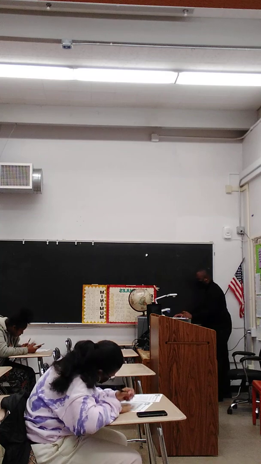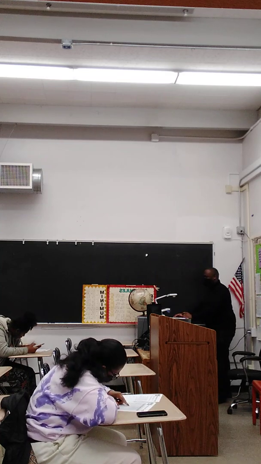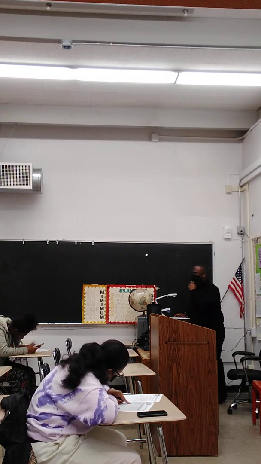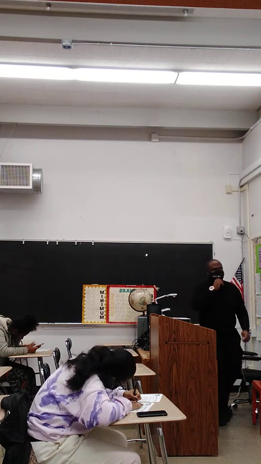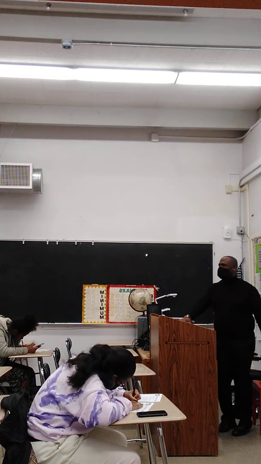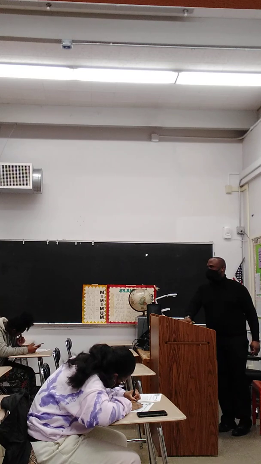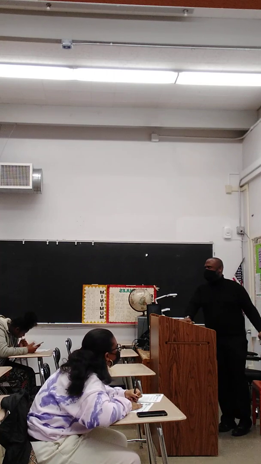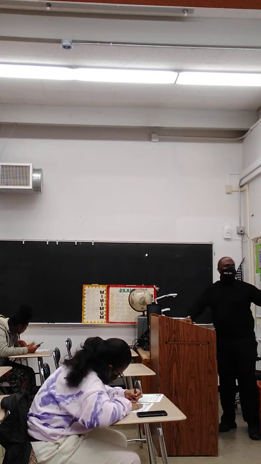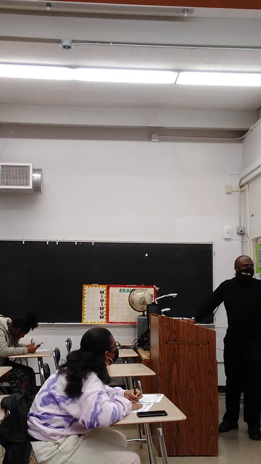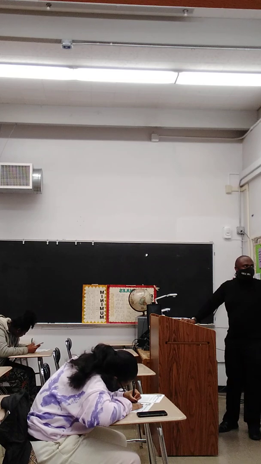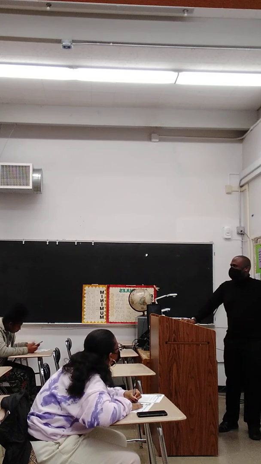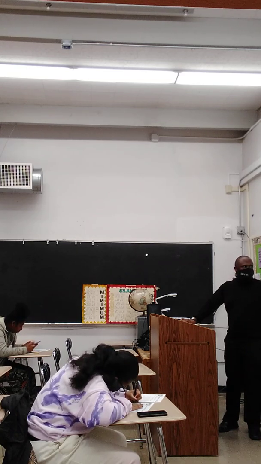Mr. Sobo, I'm really confused. Okay, what's up? Okay, it's okay. So 0 and 5 minus 0. What does that equal? 5. 05, that's what we have down here.